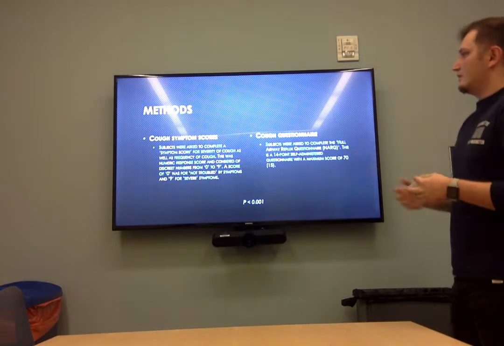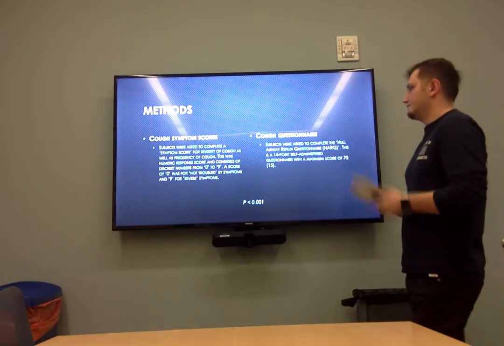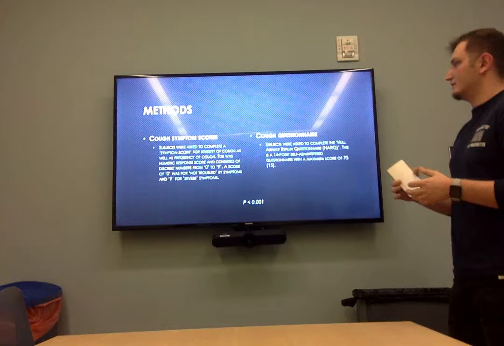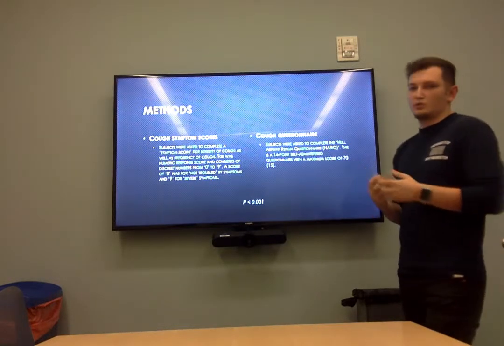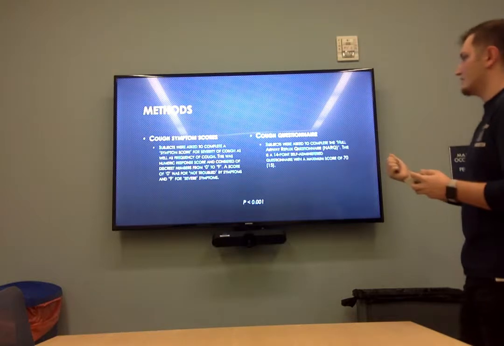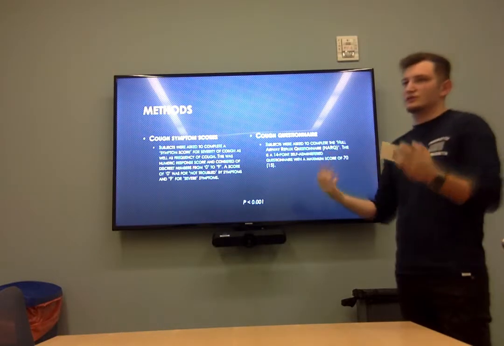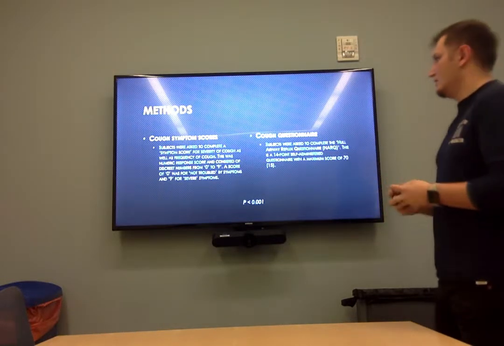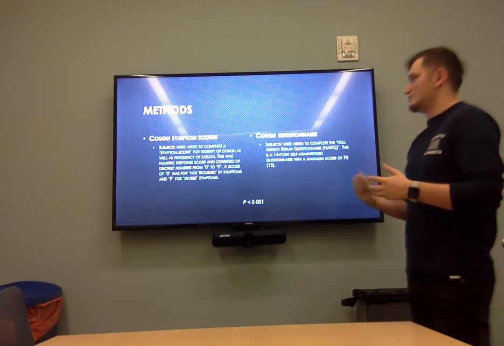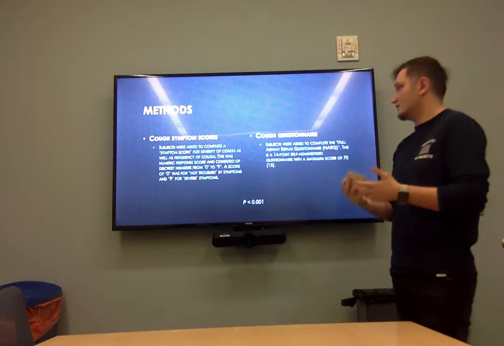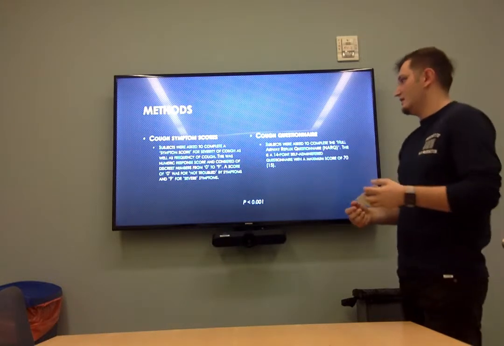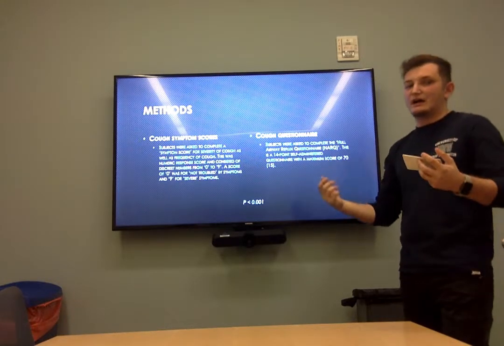A couple other methods that they provided in the study were the cough symptom scores and the cough questionnaire, and then they saw the correlation between the 2 scores. The cough symptom scores was just asking the subjects the severity and frequency of the coughs and scoring them from 0 to 9.